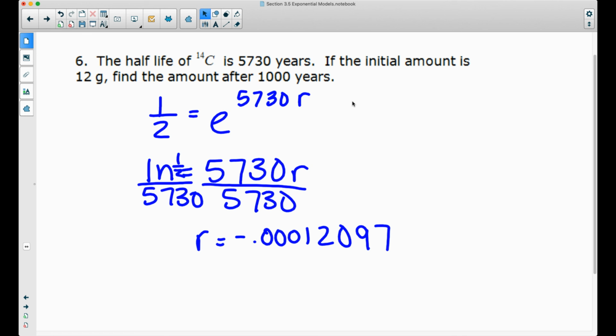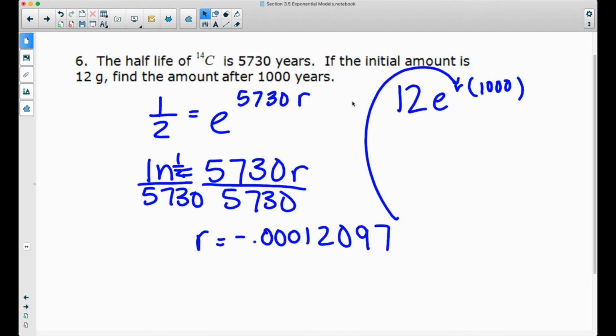All right, now the next part says if the initial amount is 12, find the amount after 1,000 years. So if we have our rate now, and our time is 1,000 years, I can keep this in my calculator and go straight to plugging it in.